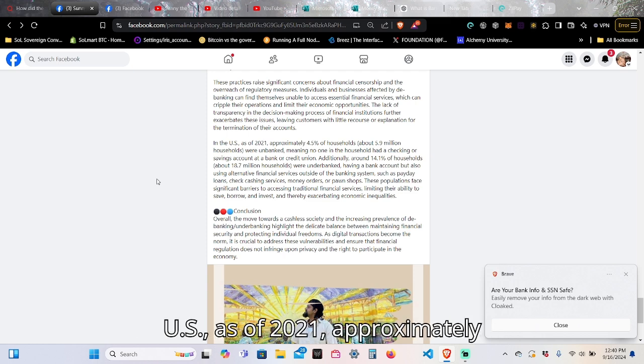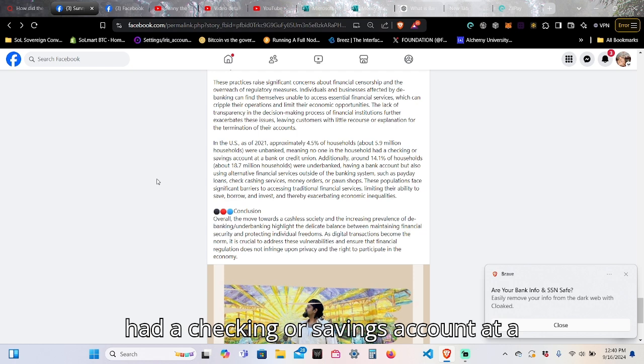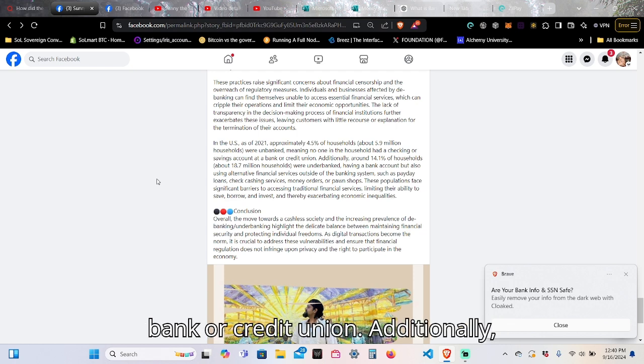In the U.S., as of 2021, approximately 4.5% of households, about 5.9 million households, were unbanked, meaning no one in the household had a checking or savings account at a bank or credit union.